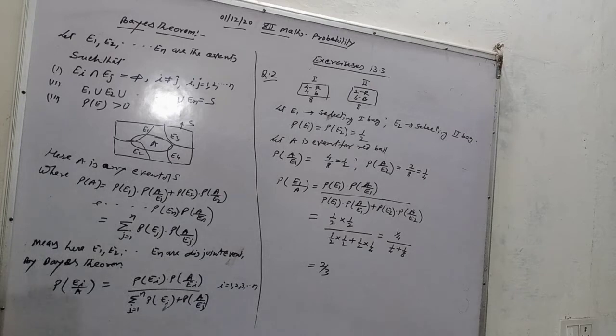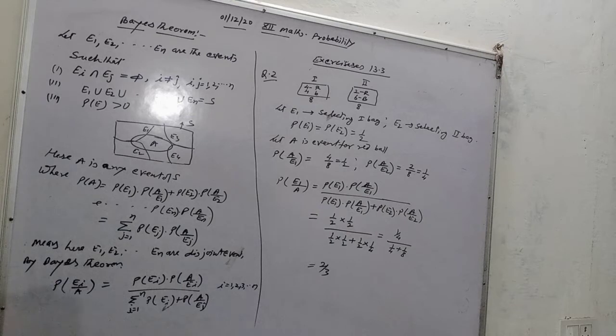Then the probability of happening of A is also known as total probability. P(A) equals P(E1) into P(A/E1), where A by E1 means the probability of occurrence of A when E1 has happened, plus P(E2) into P(A/E2) plus so on, up to the last event P(En) into P(A/En).